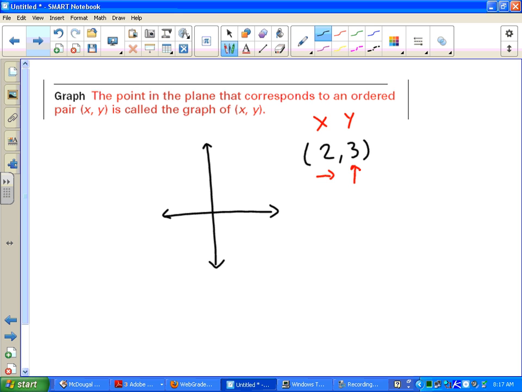So if we graph that, we'd go to the right twice and up 3 times. The graph of this is that point right there, 2, 3. We always say graph it, but in actuality, you're plotting that point. This is the graph of it, 2, 3.